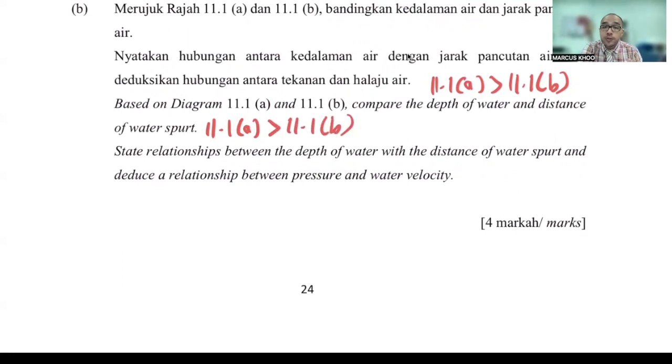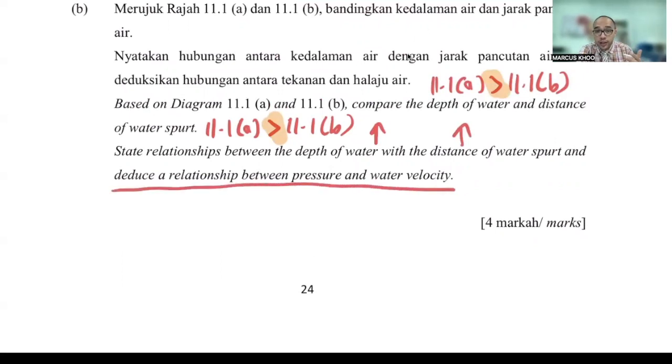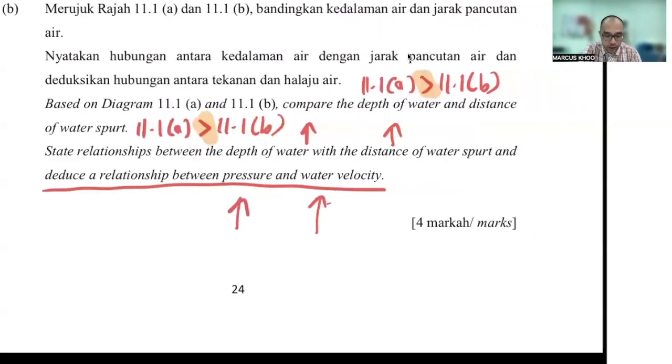Let's state the relationship between the depth of the water and the distance. Since it is the same direction, the bigger the depth of the water, the bigger the distance. Then you deduce the relationship between pressure and water velocity: the bigger the pressure, the bigger the water velocity. This question is quite standard, quite easy.